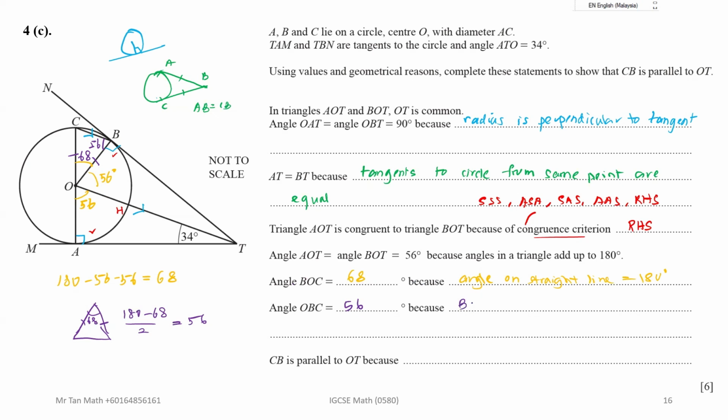You can say BCO is an isosceles triangle because this is a radius, R.